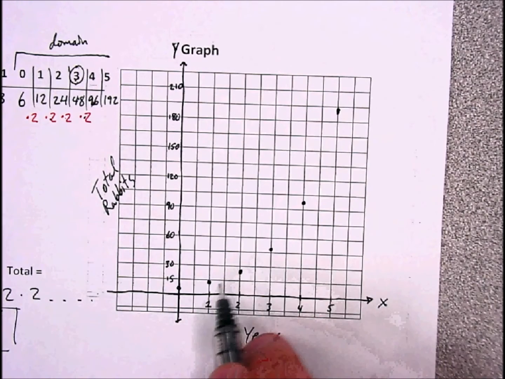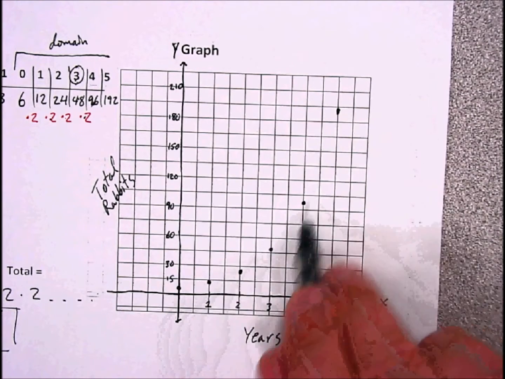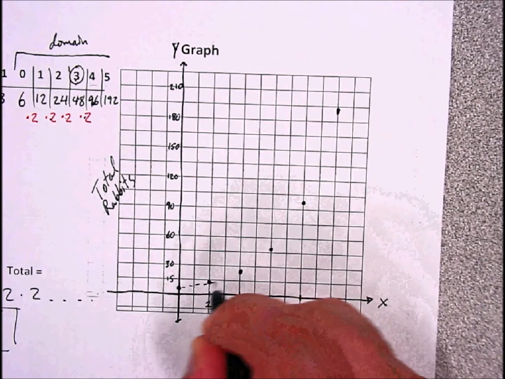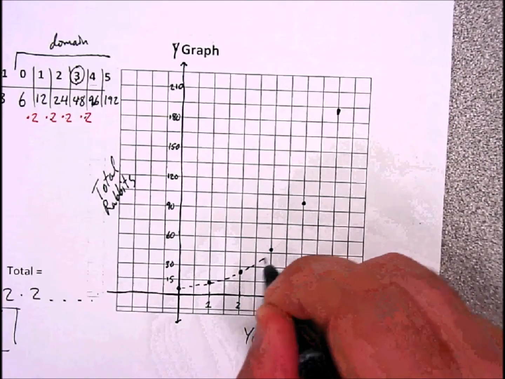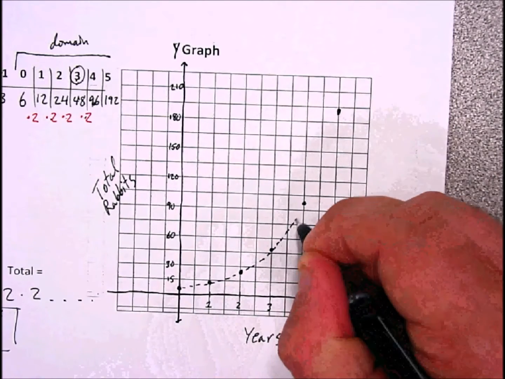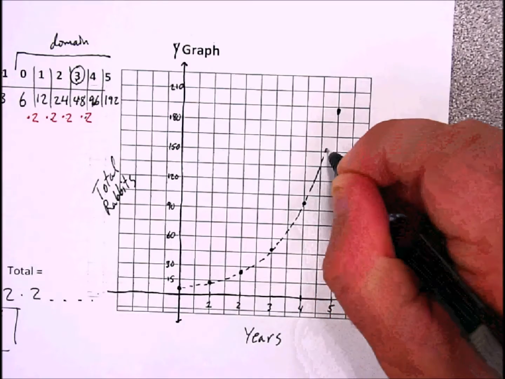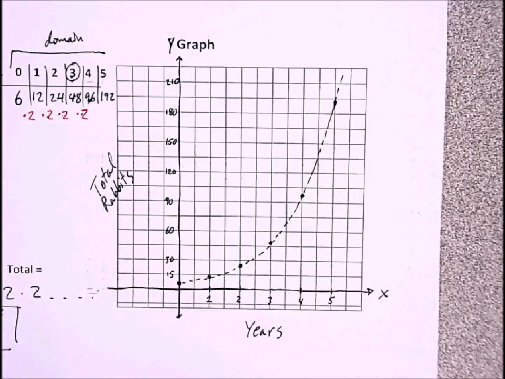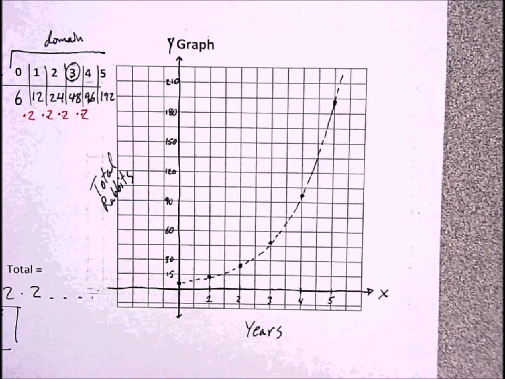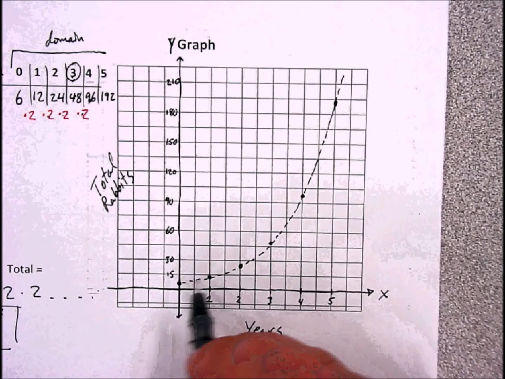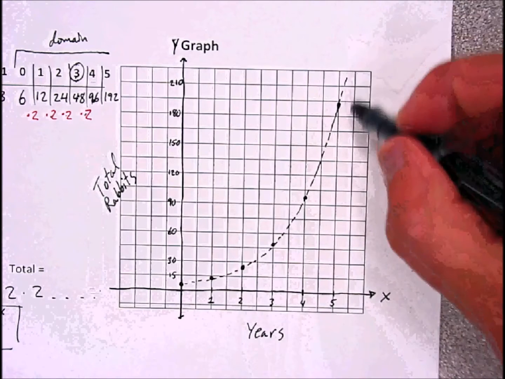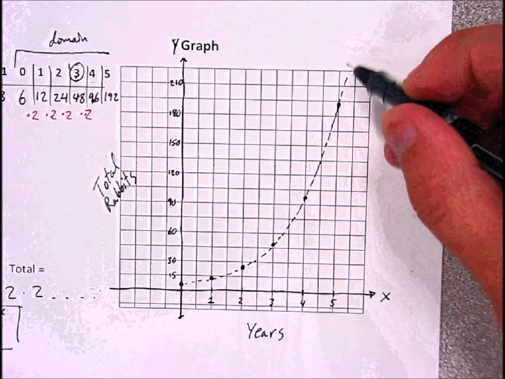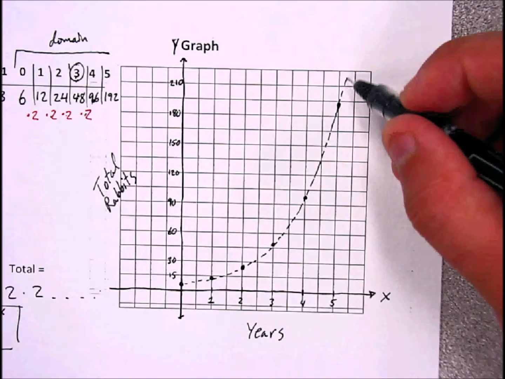So there are some gaps in this. So I'm not going to draw a straight line. I'm just going to draw kind of a dotted line to give you an idea of the shape that this graph is going to have if I graph it. And that's a shape you're going to see with exponential growth. It starts out kind of flat, and it really starts to skyrocket, and it almost ends up vertical the further you go. And it doesn't quite ever get vertical, but almost.